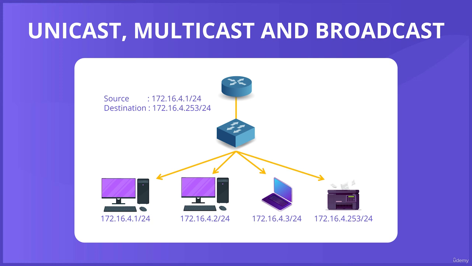When the switch receives the frame, it forwards it to the printer with the IP address 172.16.4.253. IPv4 unicast host addresses are addresses in the range 1.1.1.1 to 223.255.255.255. However, like I said earlier, there are many addresses in this range that are reserved for special purposes.